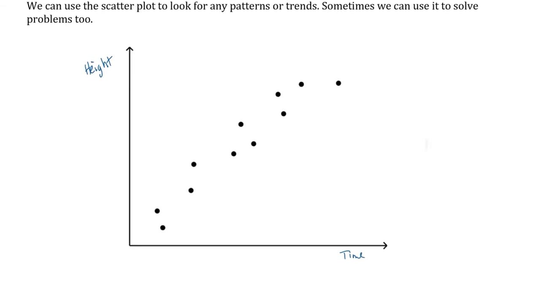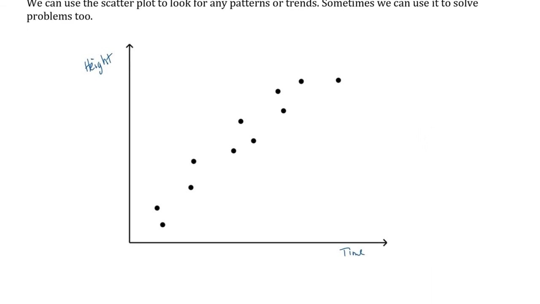Okay, so let's see if we can think of some other things. Height over time or height and age would be another one. It could have been age instead of time, a similar way of saying time. What is something else that this could represent? Well, it could be your money in the bank, so money and time.